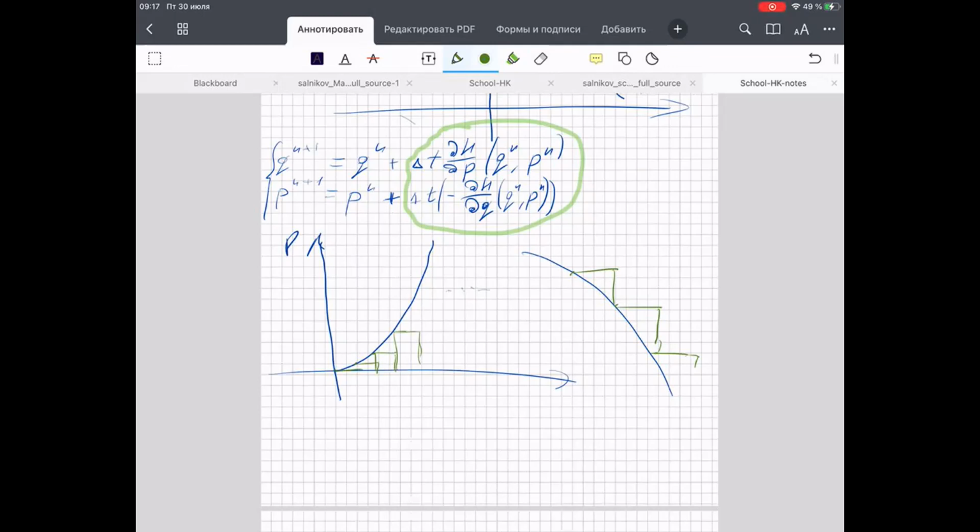Is there any way to cure that? What would be a naive thing? To make the steps smaller. Yeah, that will certainly work in the sense that you will reduce the error. One small thing is that when I give you a mechanical system, you actually don't know what a small step is.